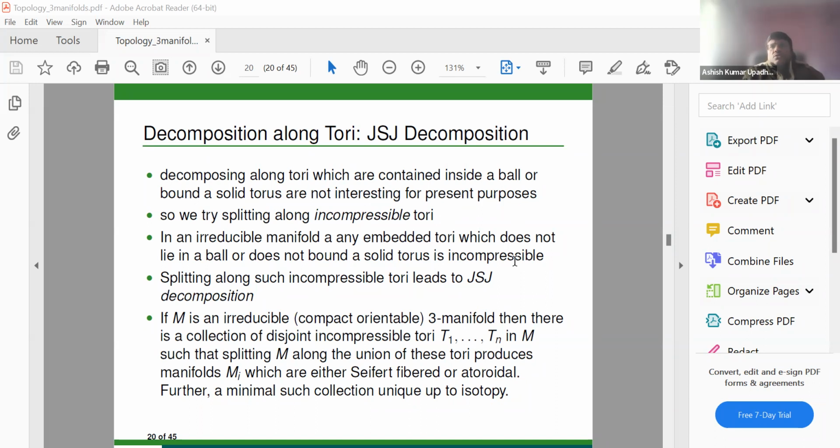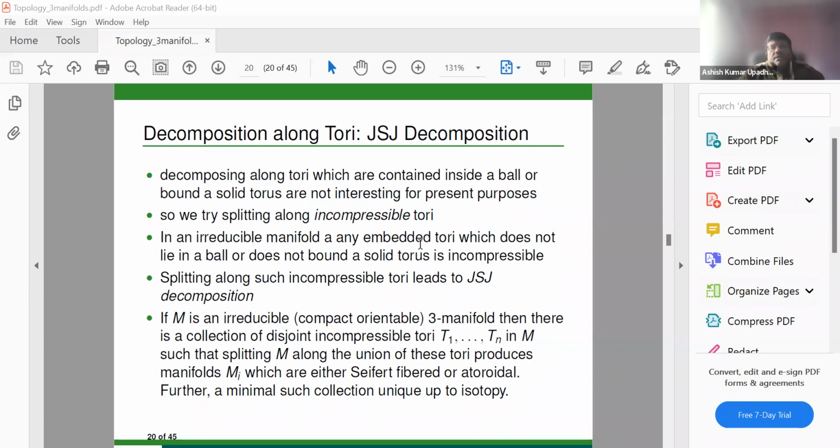And now irreducible manifolds, although they do not contain separating spheres, can contain other orientable surfaces, and we have talked about compressible and incompressible surfaces. So let us begin here.